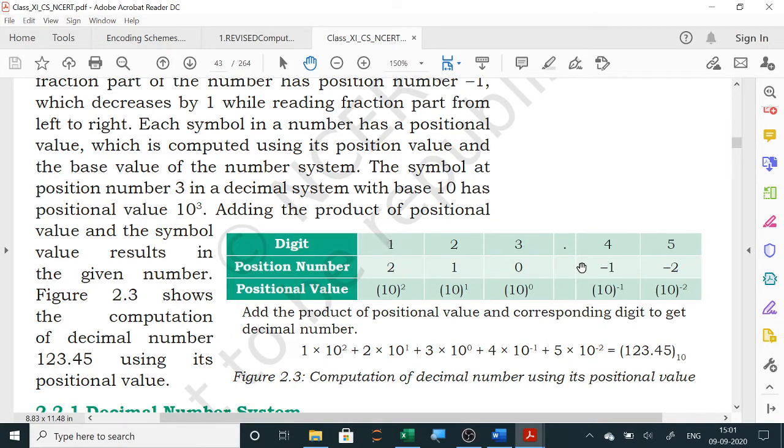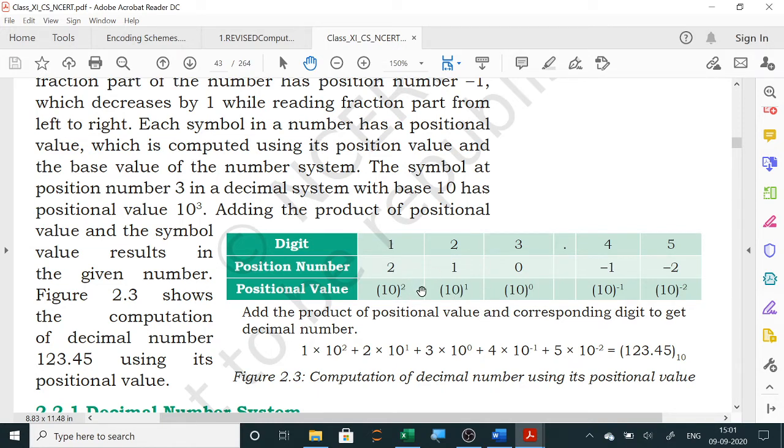We have been given 123.45. Now you can see, with the decimal point here, we have to look at the positional numbers. Positional numbers go right to left for the integer part and left to right for the fractional part. So here 0, 1, 2, and so on, and the positional value for a decimal number will be 10 to the power 0, 10 to the power 1, 10 to the power 2.